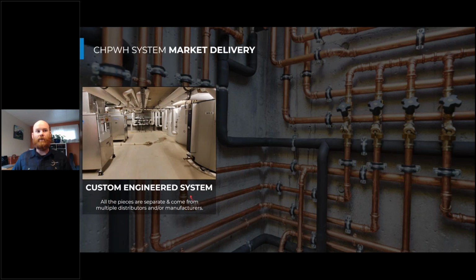And so what the custom engineered system really looks like in our heat pump water heating world is all the pieces are separate and typically can come from multiple distributors or manufacturers. So you might buy a Colmac heat pump water heater, and you might buy a Bradford White storage tank and connect those two together. Colmac will provide you with the thermostat for control, and you have to put that in the storage tank.